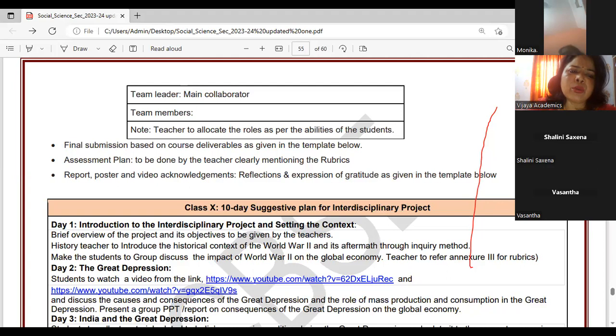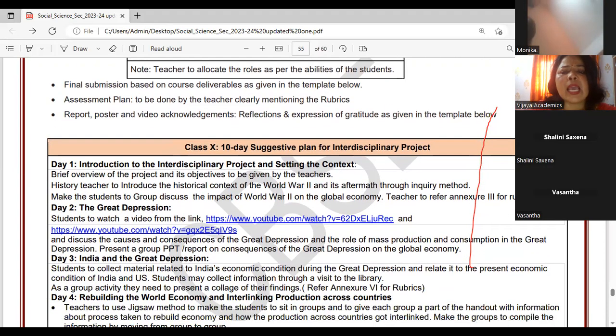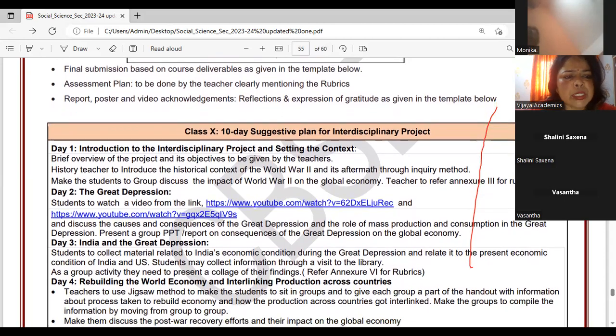The person who is exclusively active in your class, you are going to give that role to that particular student as team leader. He or she will be the main collaborator. And team members: note the teacher is to allocate the roles as per the abilities of the students.